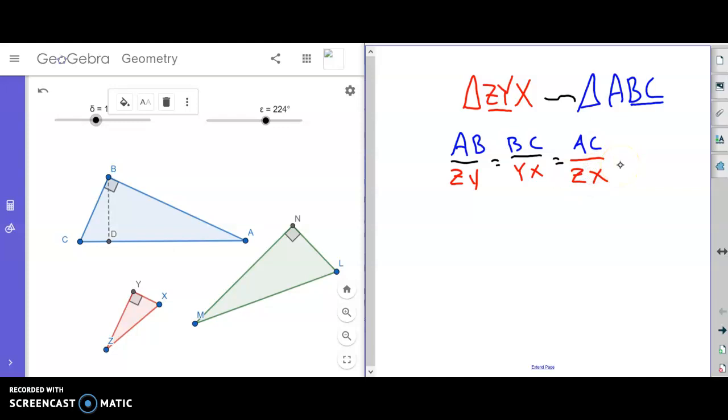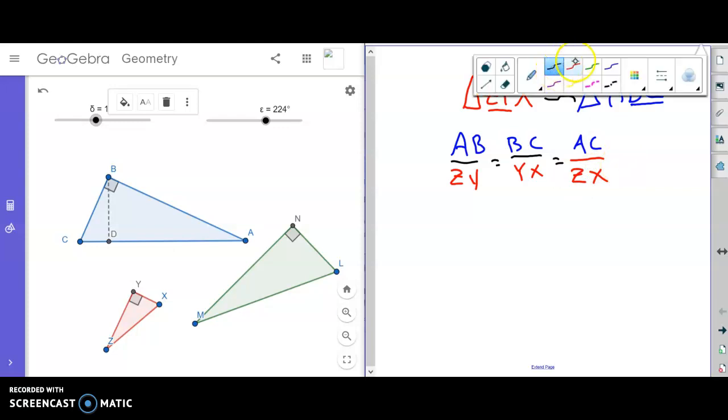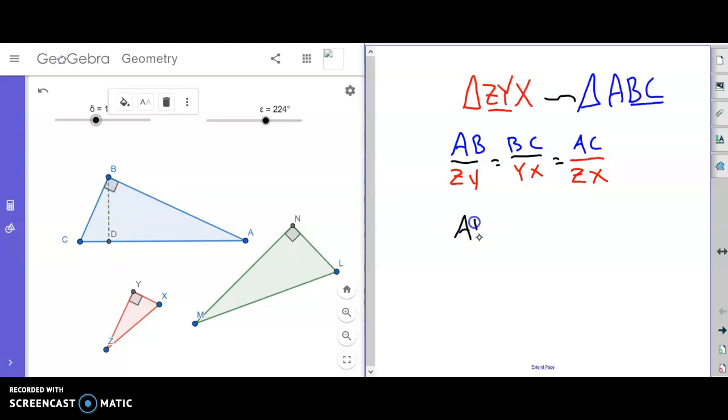Nothing interesting yet, but what we really care about is this entire right triangle. I don't care so much about these, I just care about the ratios that happen with this line. If I take them all to that line, AB is on that blue triangle. Then look at what ZY is on that blue triangle. It turns out to be BD.